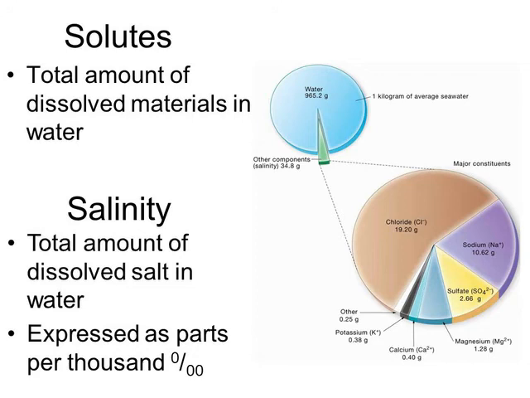These essentially contribute to the salinity of seawater, making the water salty. In order to measure salinity, we have devices, and they express the total amount of dissolved salt in water in parts per thousand.